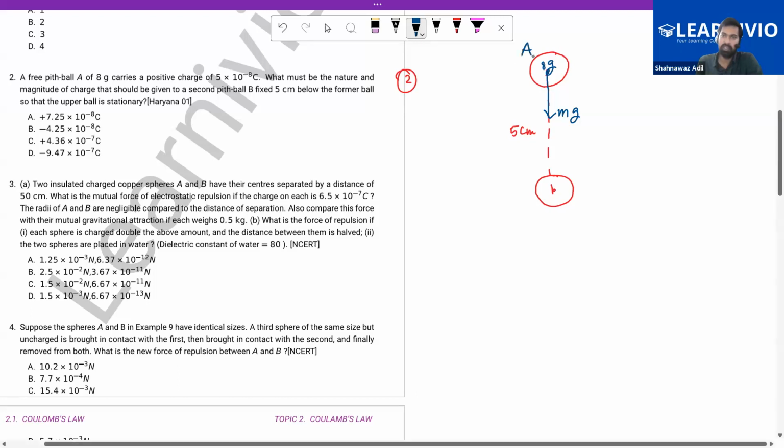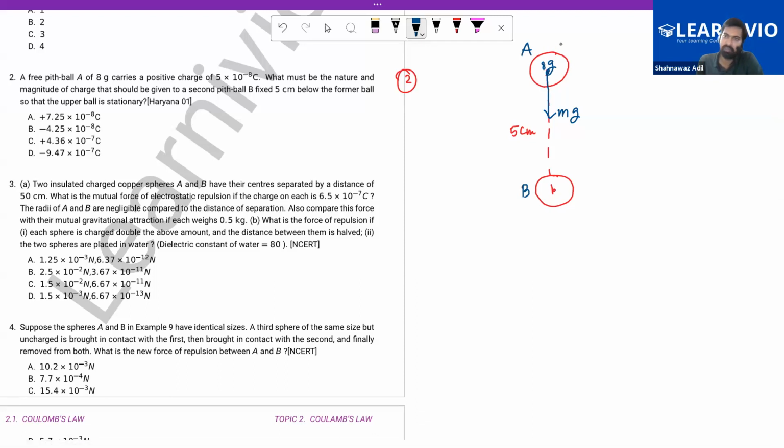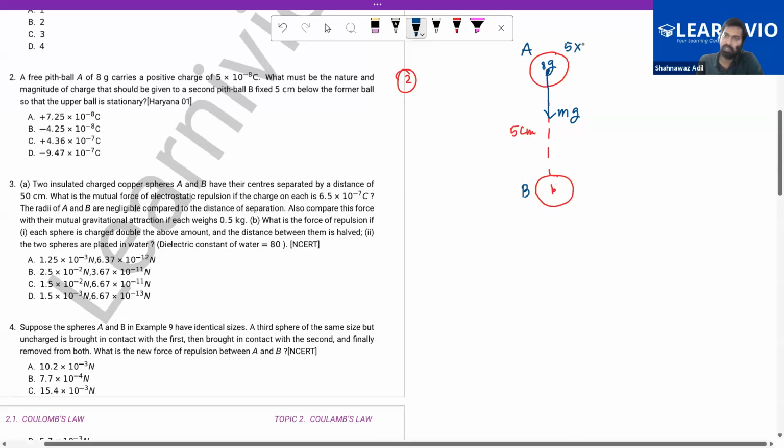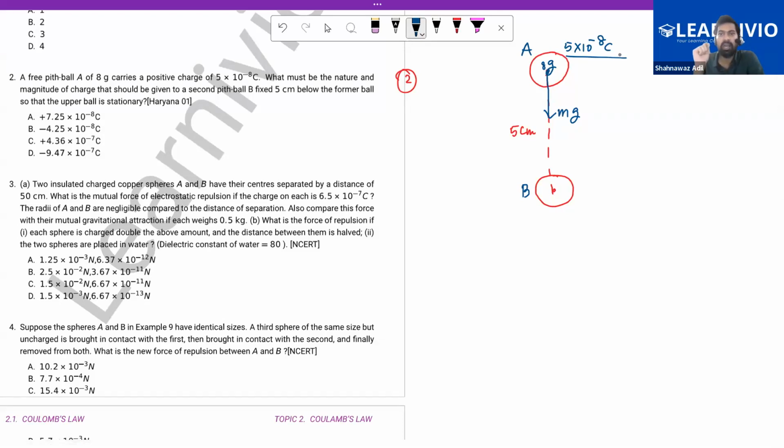This is A and this is B. Now this has a positive charge of 5 into 10 to the power minus 8 coulomb. So now if I want to fix this thing in the air, what is the direction of force I will require to balance this thing?